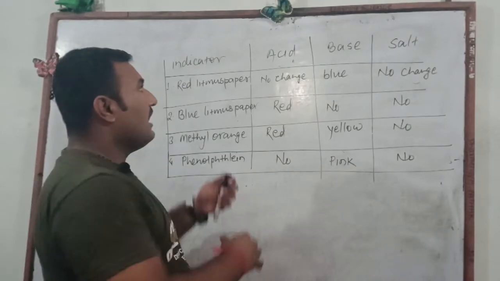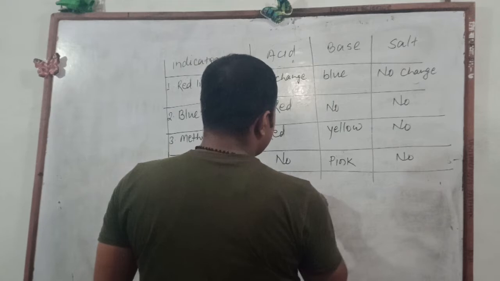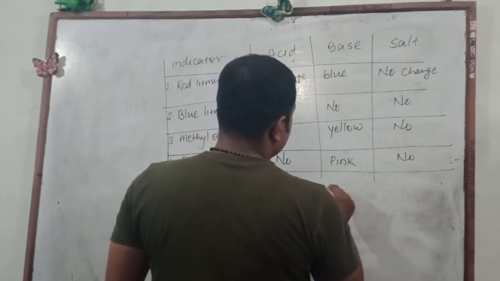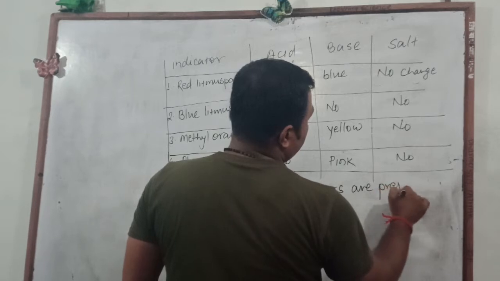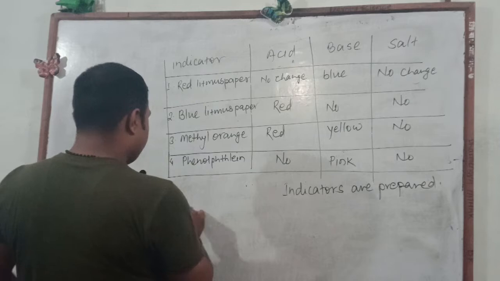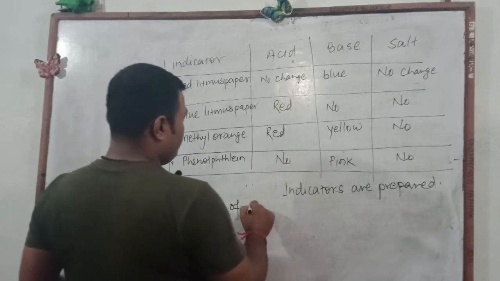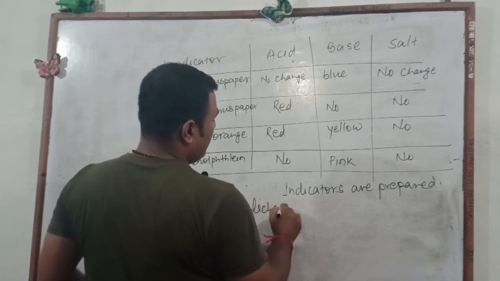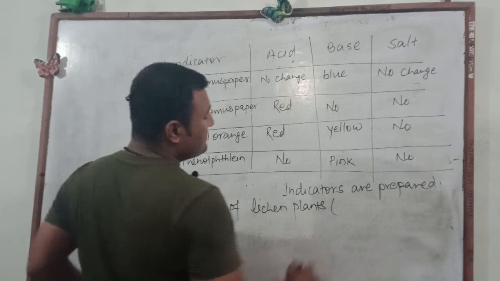And how are these indicators prepared? The indicators are prepared from the nectar of the lichen plant. And which part?